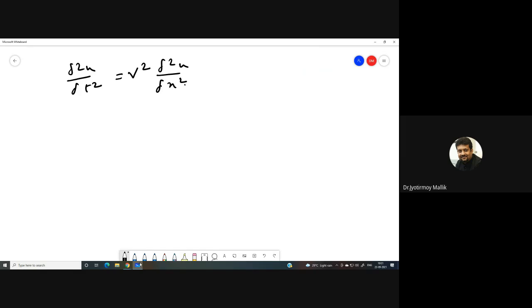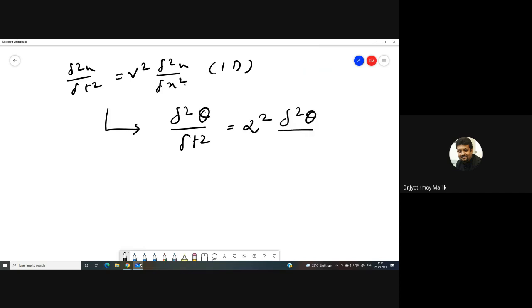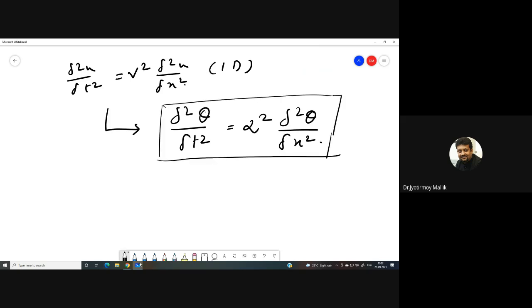We can translate that to a form in 3 dimensions: delta square theta by delta t square is equal to alpha square delta square theta by delta x square. Now I have got 2 extra terms here.